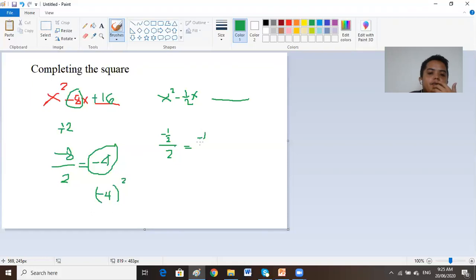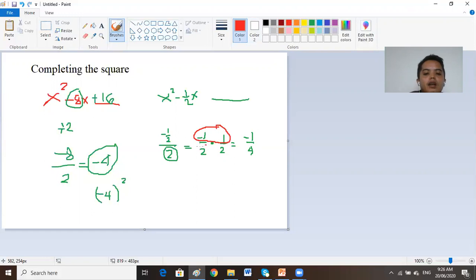That is negative 1/2 times, what is the reciprocal of 2? That is 1/2. So the result is negative 1/4, because you just multiply numerator to numerator.